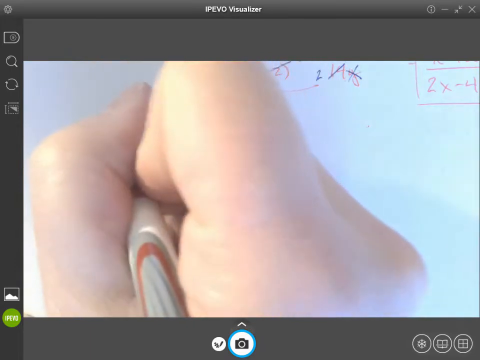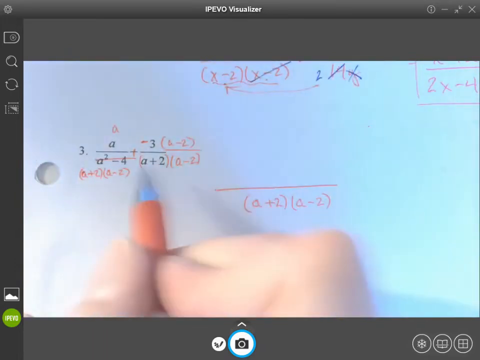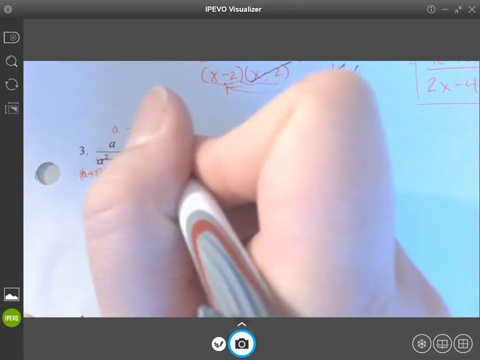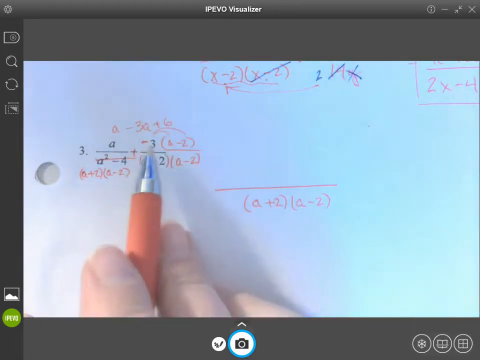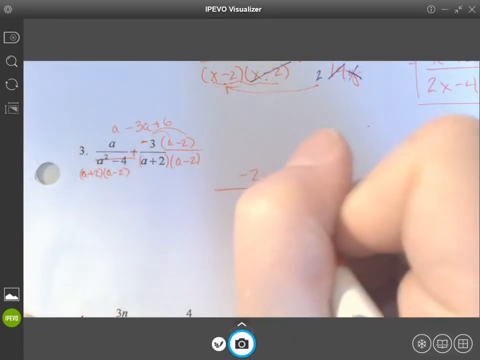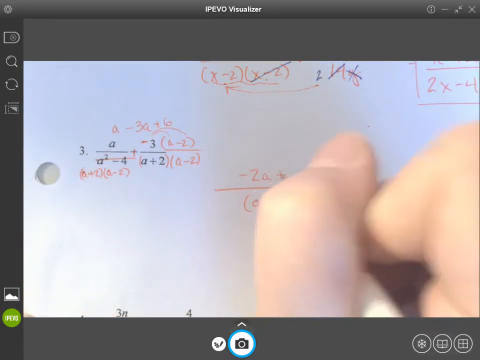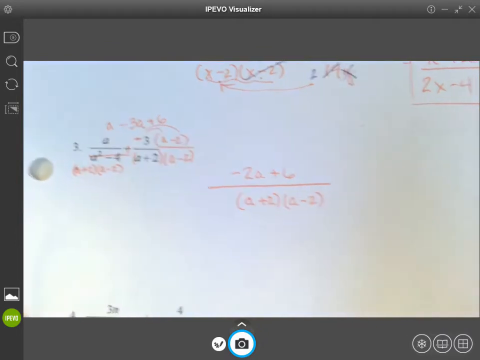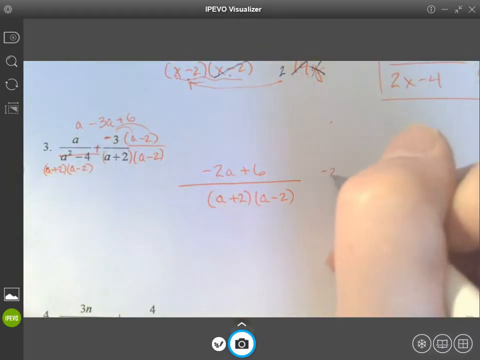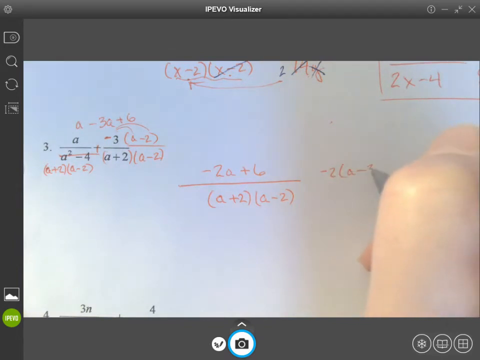I'm going to go ahead and clean this up top just to save myself some writing. I have an a and I have a negative 3a and a positive 6. There's my negative 3a, there's my 6. So this ends up being negative 2a plus 6. Okay, the numerator does factor. It becomes negative 2 and then a minus 3.